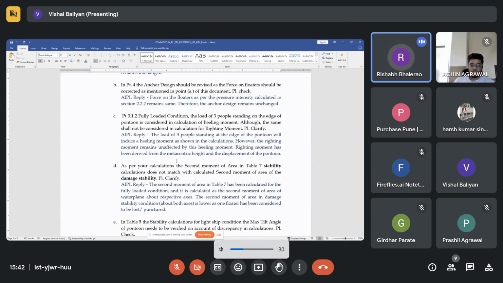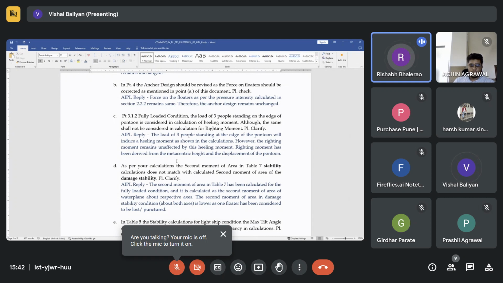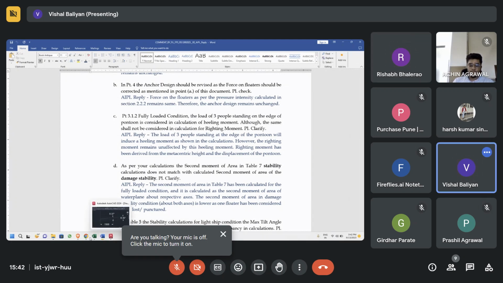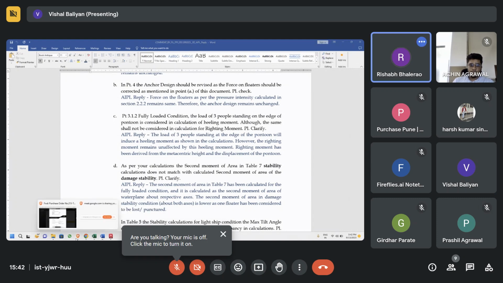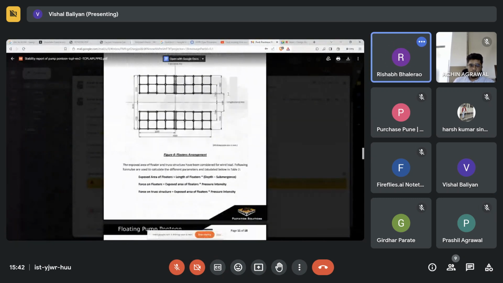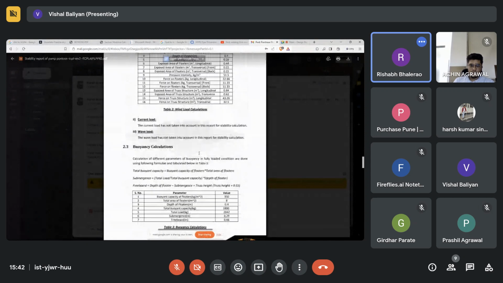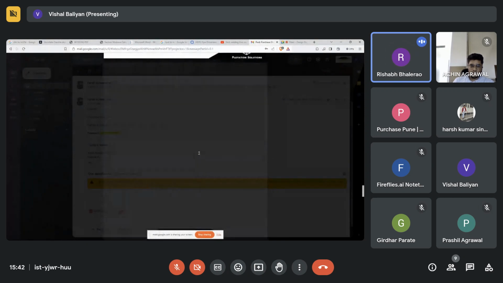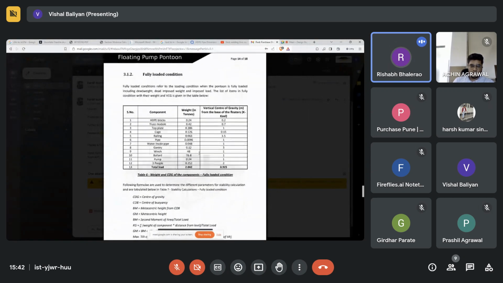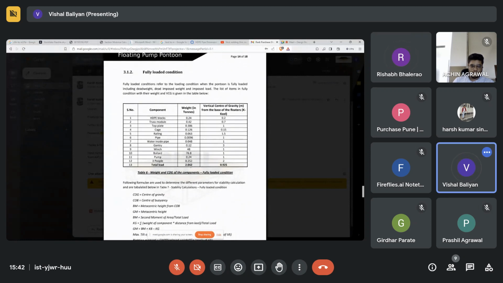What you have done in your design is you have calculated the total weight of the structure. Right? 0.042 tons, right? Yes.